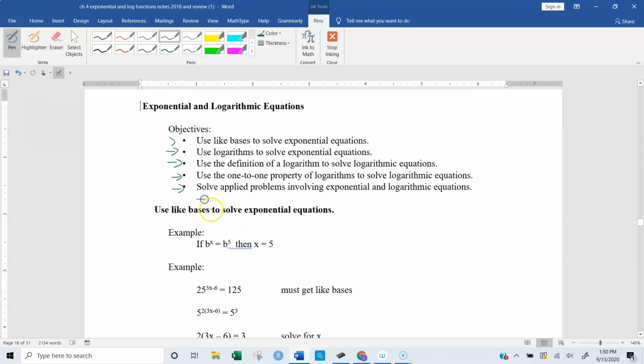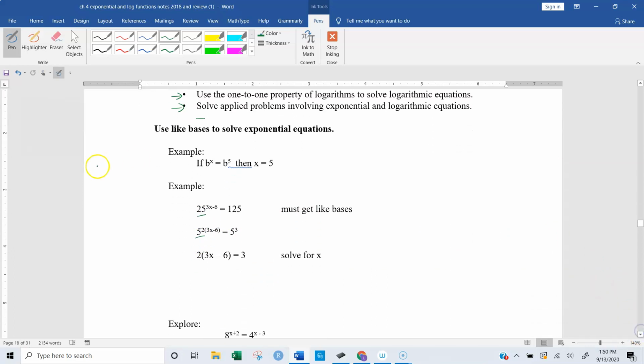Well, we know that 25 is 5 squared, raised to the 3x minus 6, and we know 125 is 5 cubed. Now that the bases are the same, the exponents have to be identical. So I get 2 times (3x minus 6) equals 3, and now it's just a simple solve that you've been doing forever.